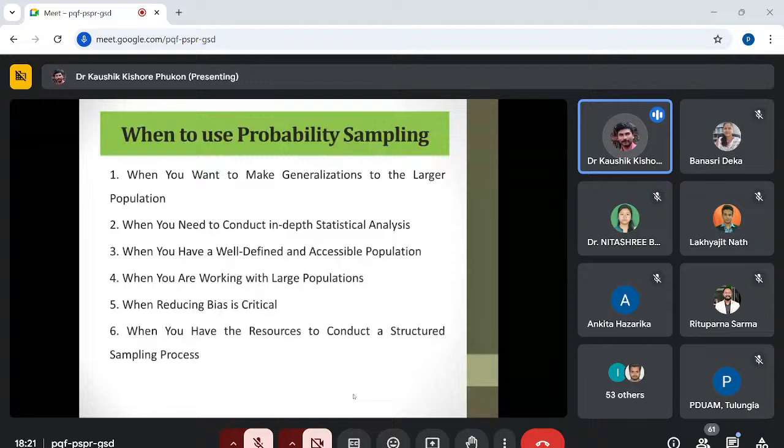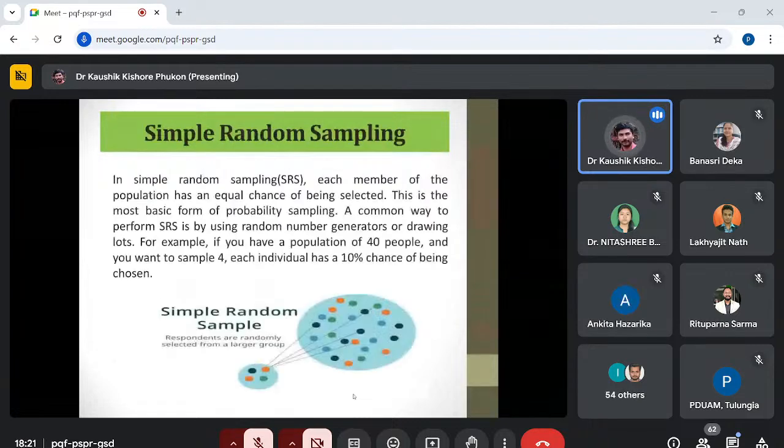Then when you have a well-defined and accessible population, when you are working with large populations, when reducing bias, very important, and when you have the resources to conduct a structured sampling process. So these are the 6 situations in which you can go for probability sampling.